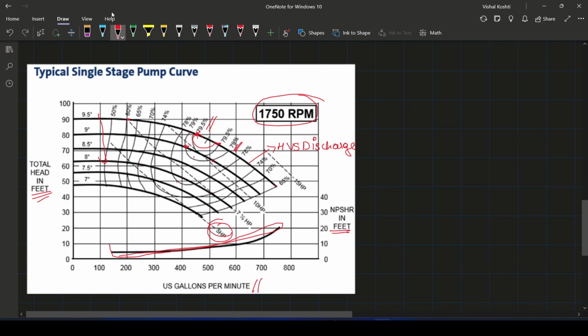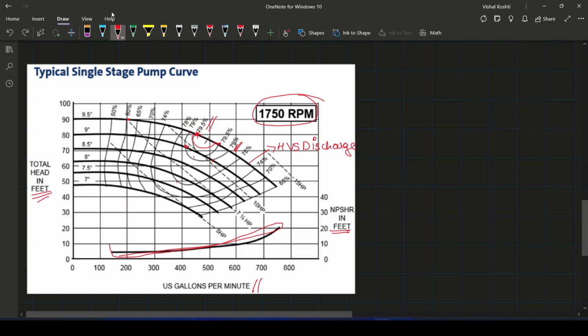See, this is 5 HP, this is 7.5 HP, this is 10 HP, and this one is 15 HP. So, as the diameter decreases, the efficiency also decreases, the net positive suction head also decreases, and the power consumption also reduces.